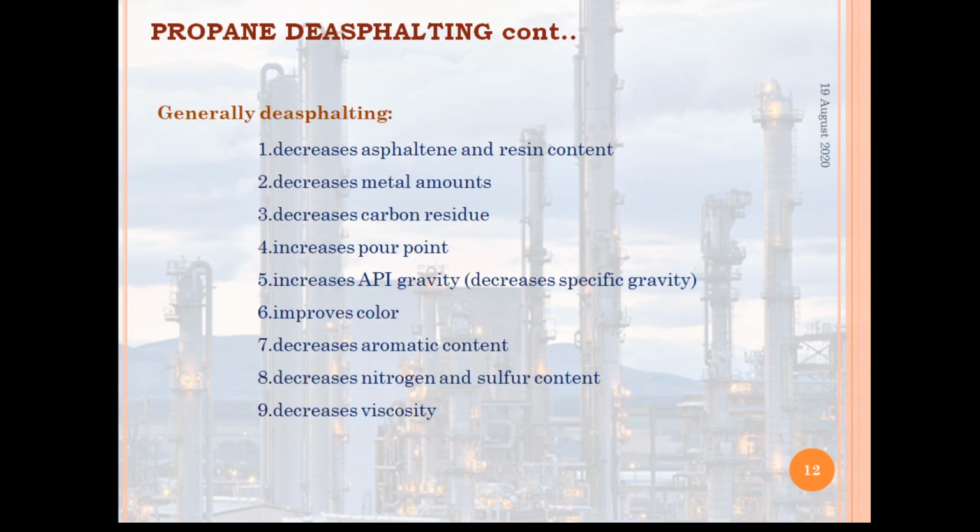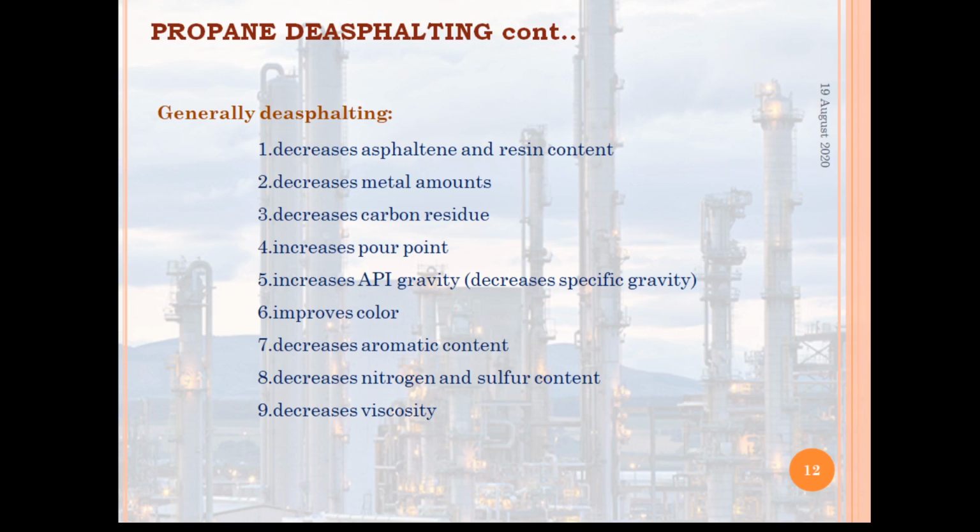Generally this deasphalting process does the following. First, it decreases the asphaltenes and resin contents, and it also decreases the metal amounts. It also helps to decrease the carbon residue.